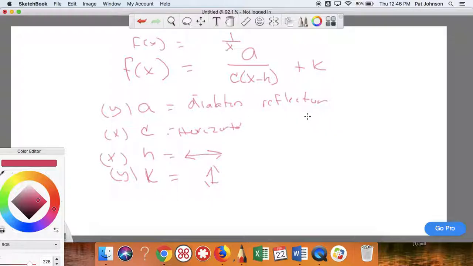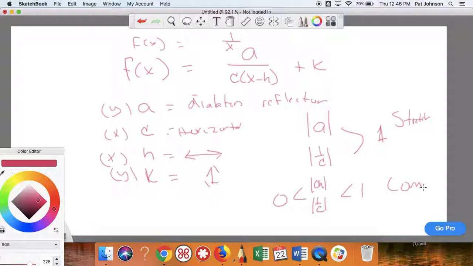When the absolute value of A or the absolute value of 1 over C are greater than 1, we have a stretch. A is vertical and C is horizontal. When the absolute value of A and the absolute value of 1 over C is less than 1 but greater than 0, that means we have a compression.